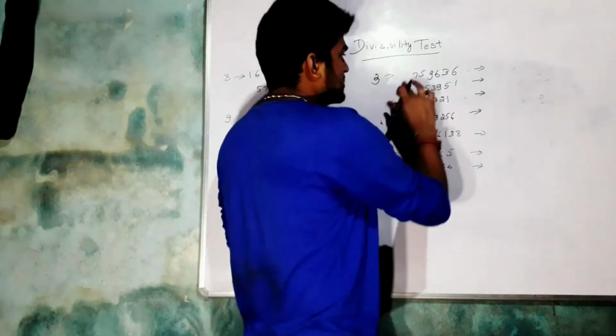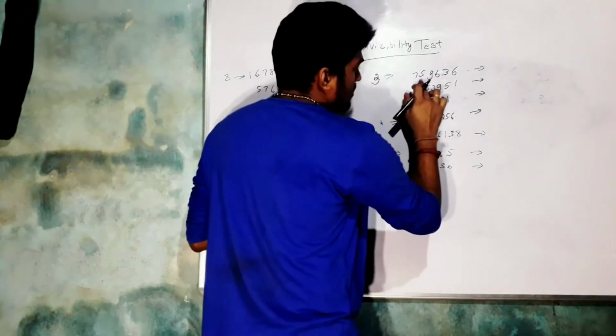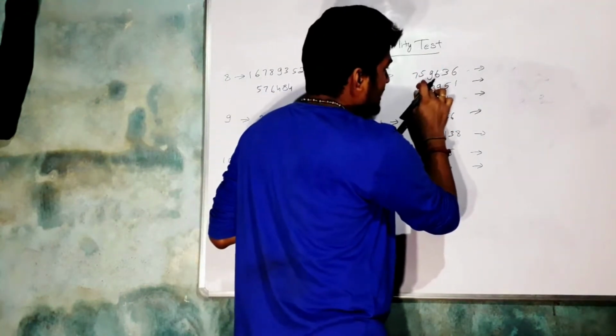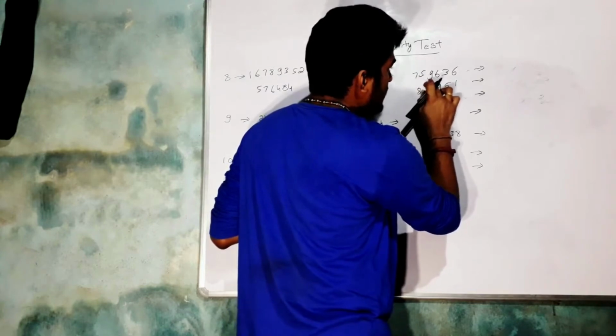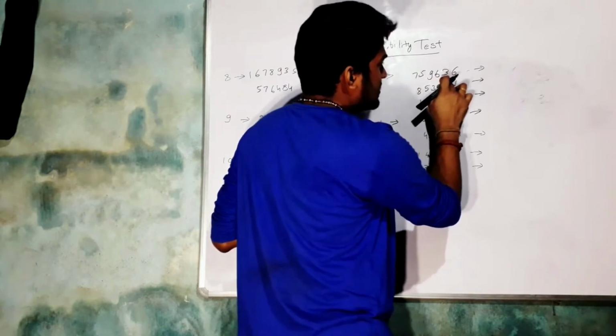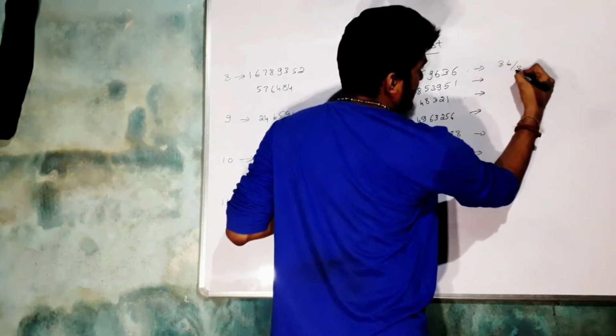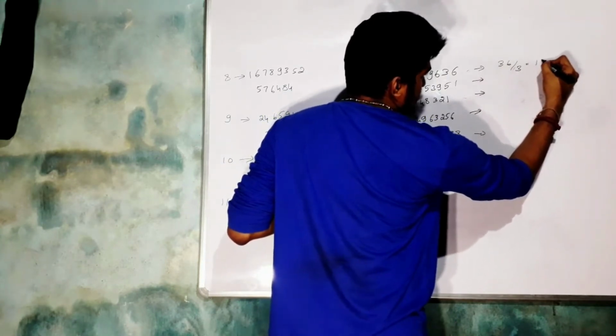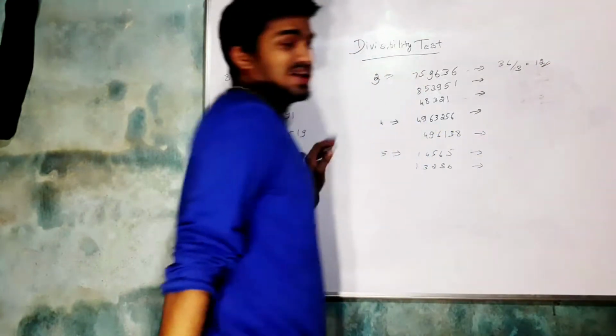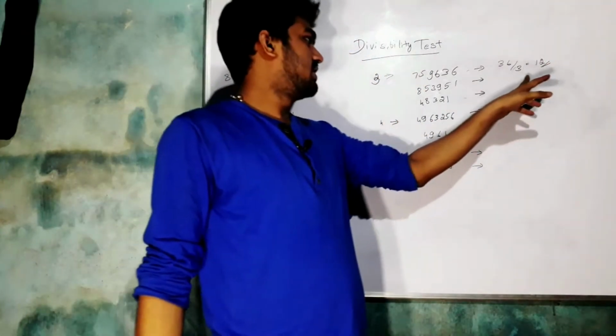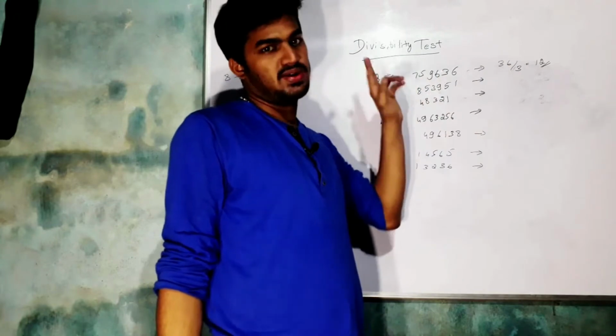Let's try that. The sum of the digits: 7, 5 is 12, 12 and 9 is 21, 27, 30, 36. So 36 divided by 3, what is the answer? It's 12. So the sum is divisible by 3, which means this number is divisible by 3.